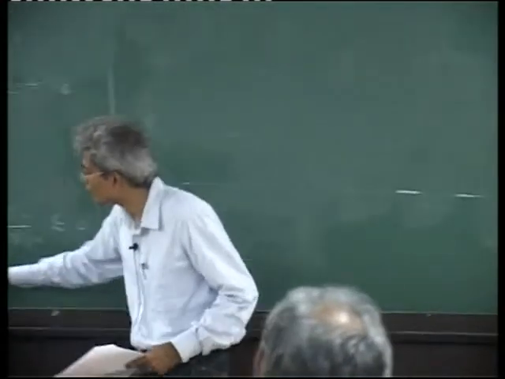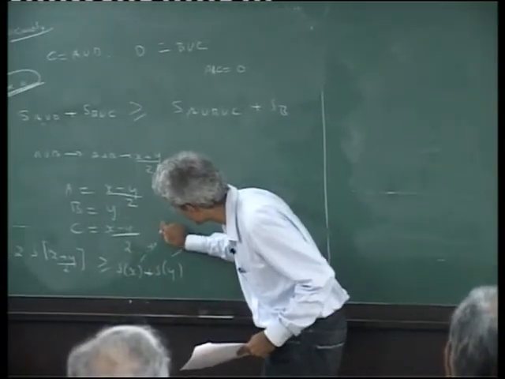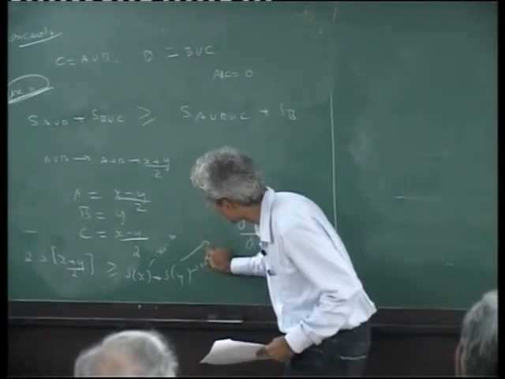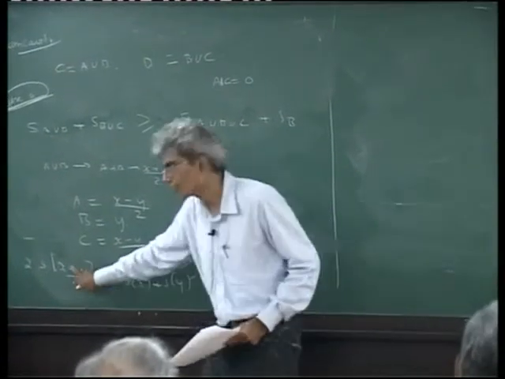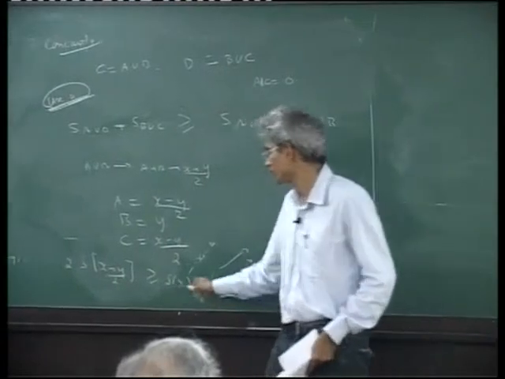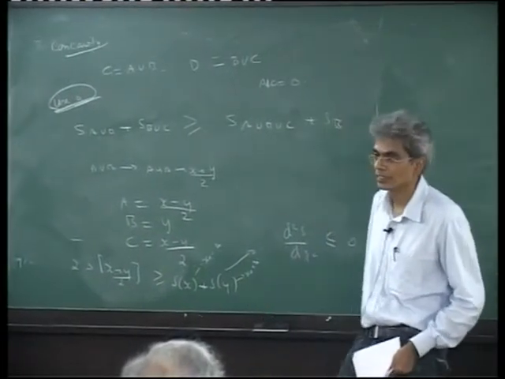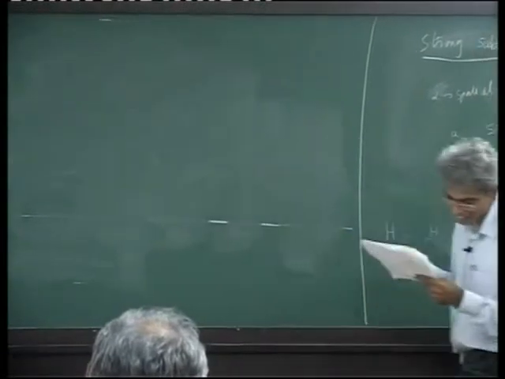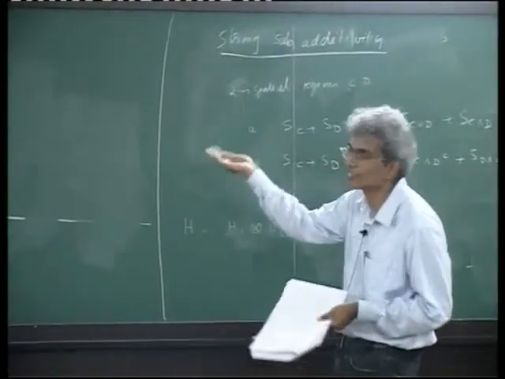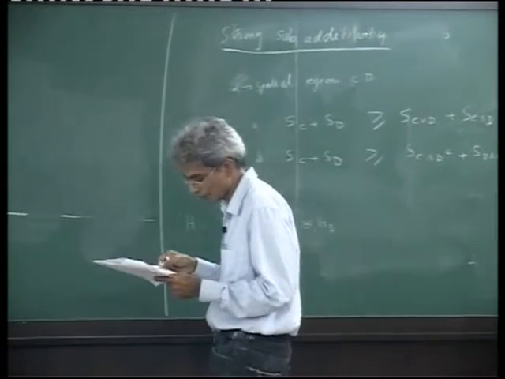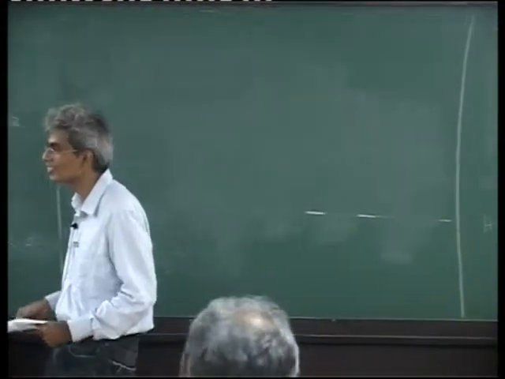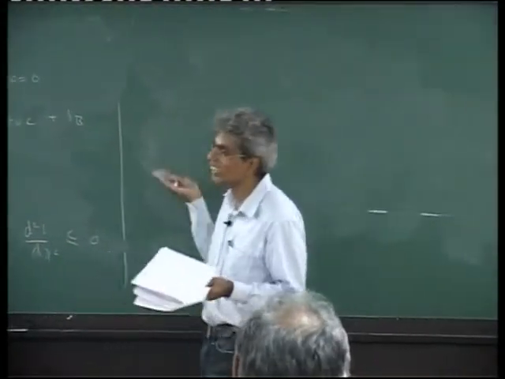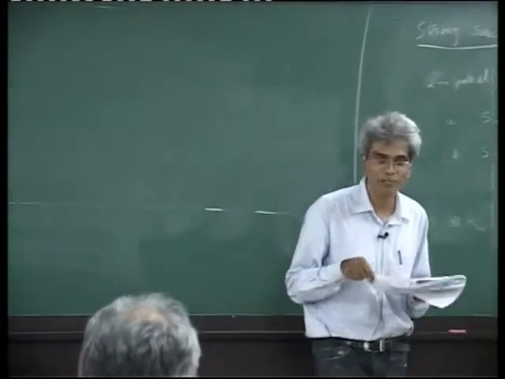You just replace with something like x naught minus delta and x naught plus delta, and this will be x naught. So therefore, this is like a second derivative, no? In that limit. Maybe as an exercise, you guys can try that. You can show that entanglement entropy is positive from this. That follows from the definition. But just to play, if you want to, you can play with it.